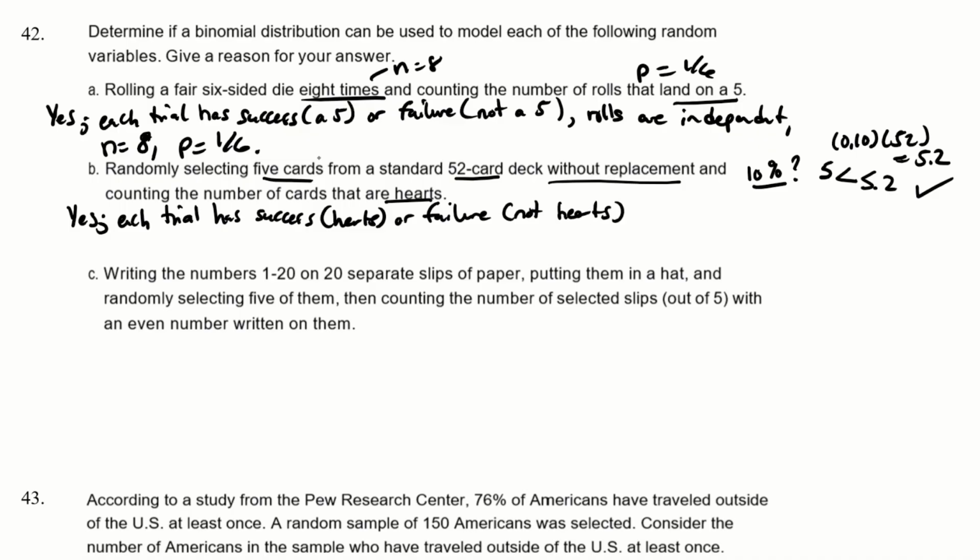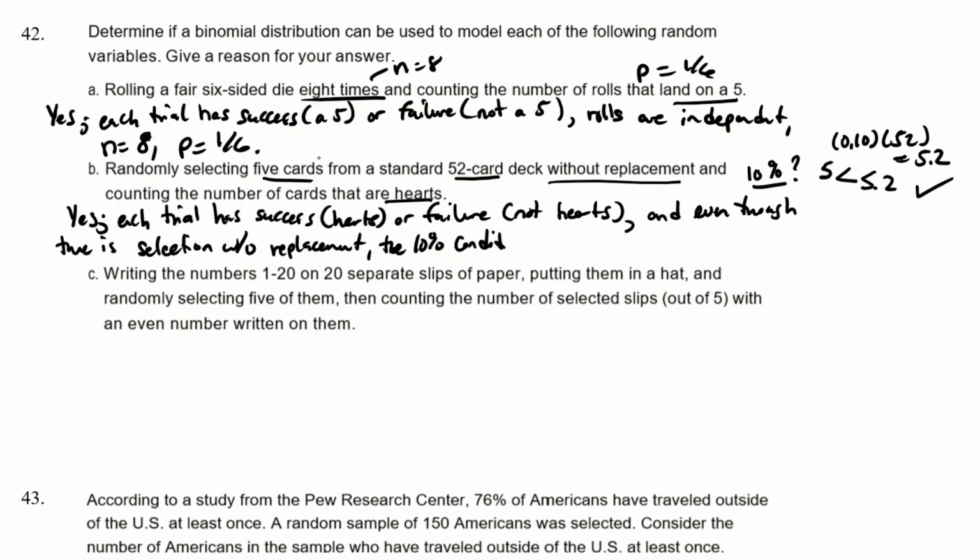And then, even though there is selection without replacement, the 10% condition is passed, with 5 being less than 5.2.